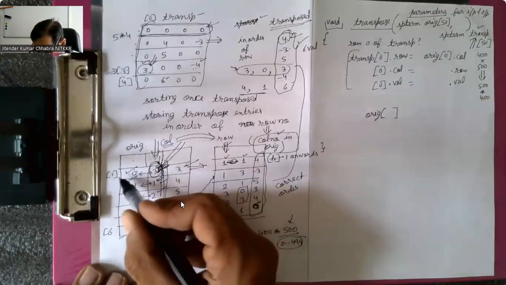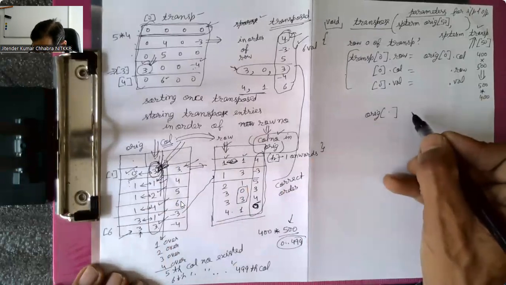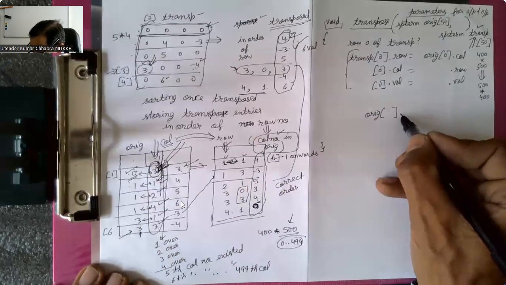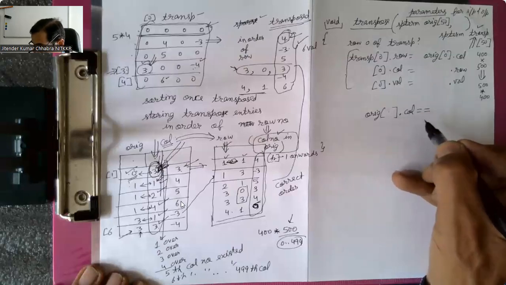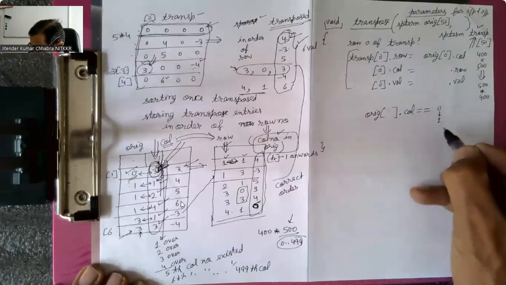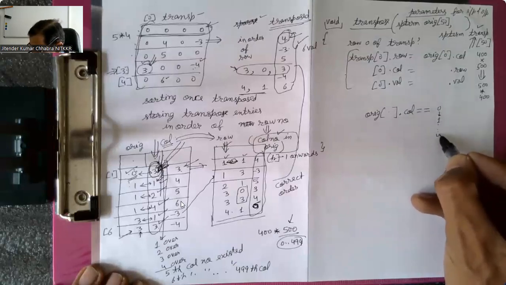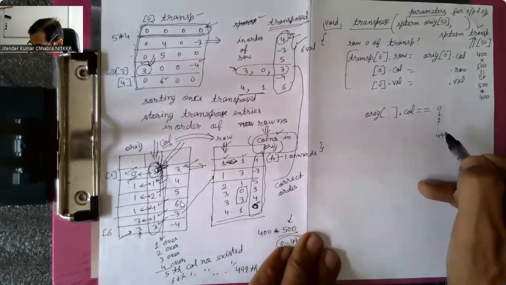Initially the index is 1, then index 2, and so on. This is original[index].column, which I compare initially with 0, then 1, and if there are a total of 499 columns, I said one by one I will compare.